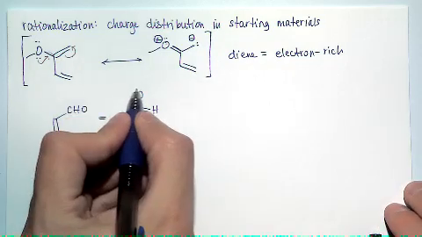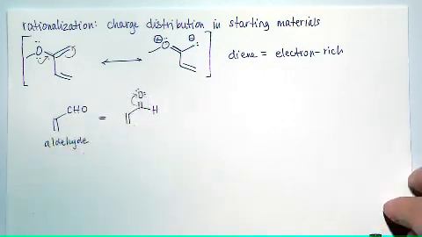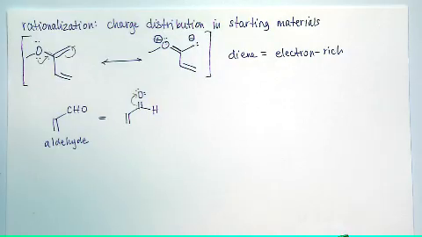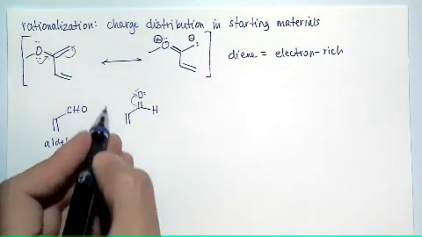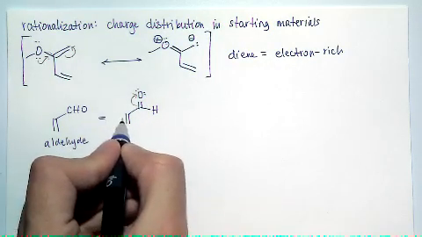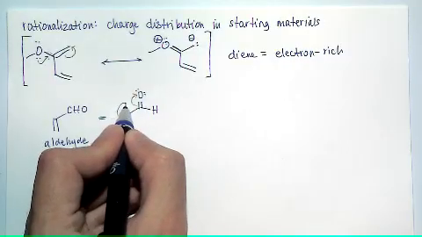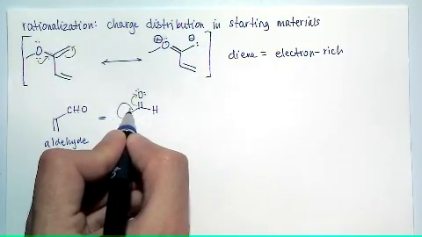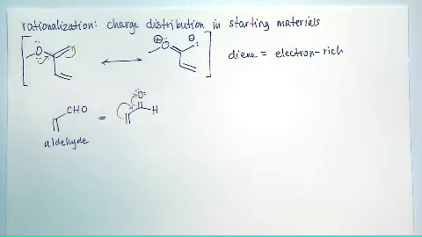By the way, the oxygen has two lone pairs. And additionally, we can have this double bond, or the pi bond rather, move over and instead be between these two carbons.